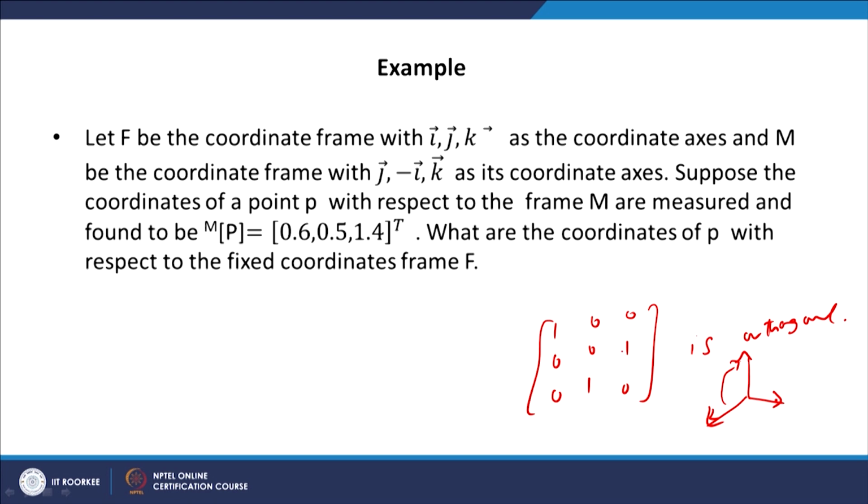It will not form a right hand system, okay. It is not a right hand system. It is not a rotation matrix.